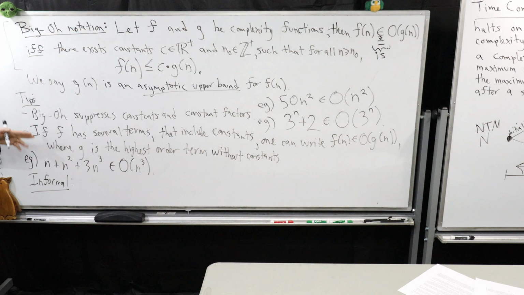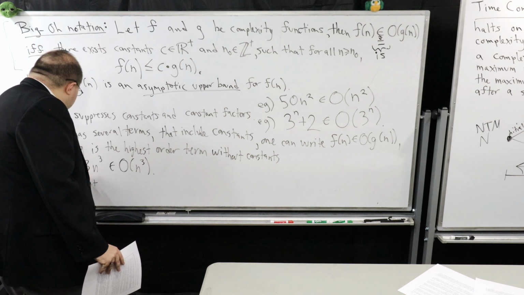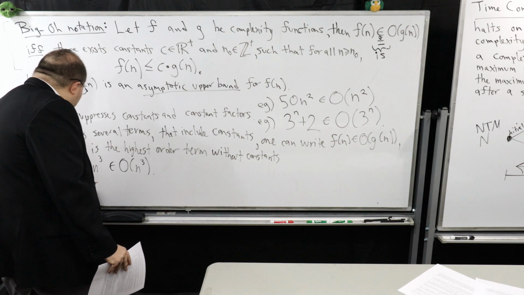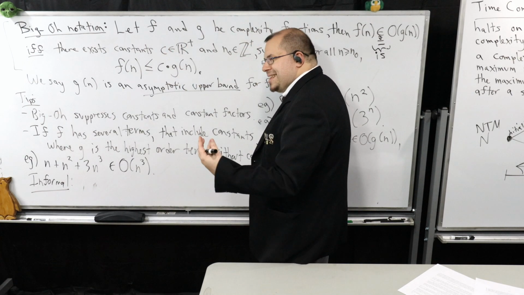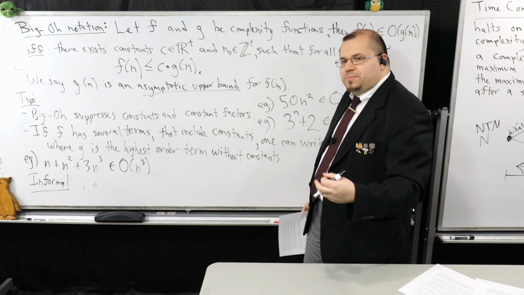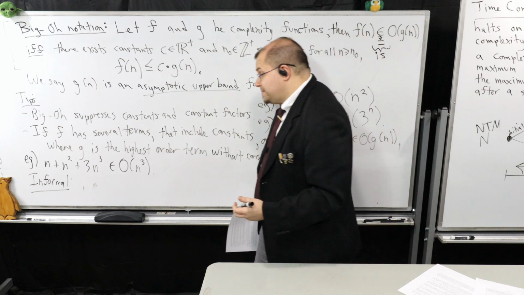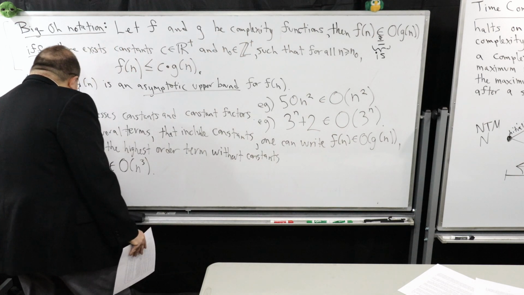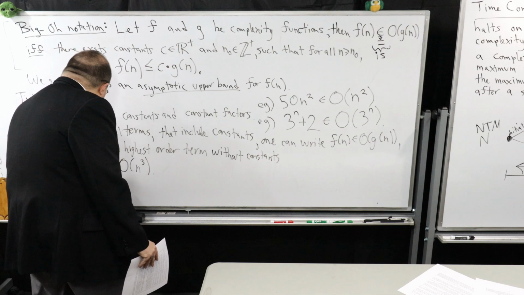For example, if I gave you this right here, suppose I wanted to talk about each one of these in terms of big O. Because you'd agree with me that n is big O of n, right? And n squared is big O of n squared, and 3n cubed is big O of n cubed, right? Sometimes I would like to have a very simple way of taking all of these and putting them all together.